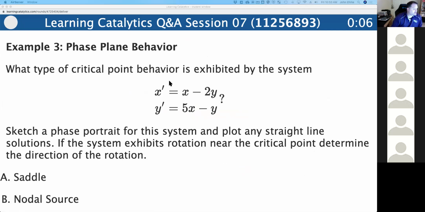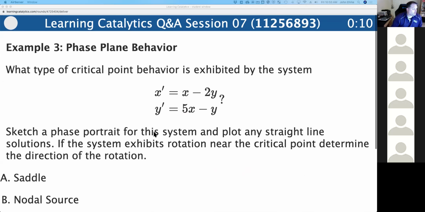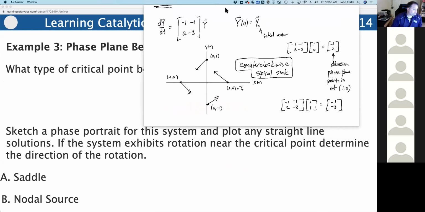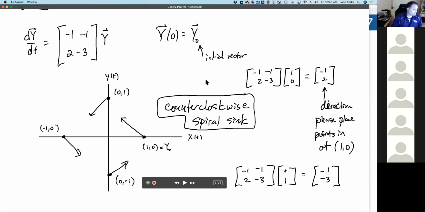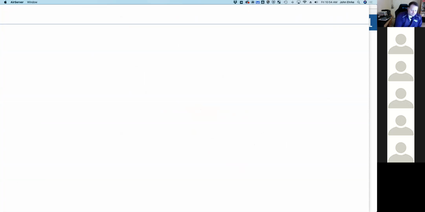So in this example, I've just changed the system slightly, same question. I'll work through it, and then you tell me what the behavior is. Right, so our system is x prime equals x minus 2y, y prime equals 5x minus y.